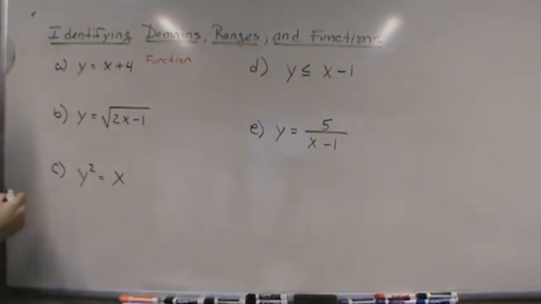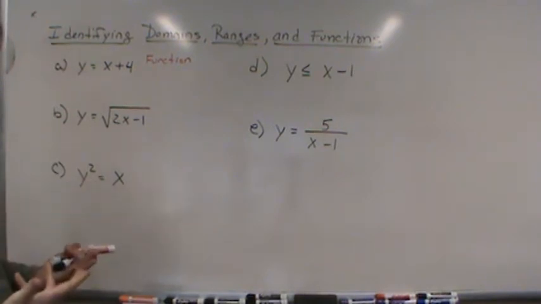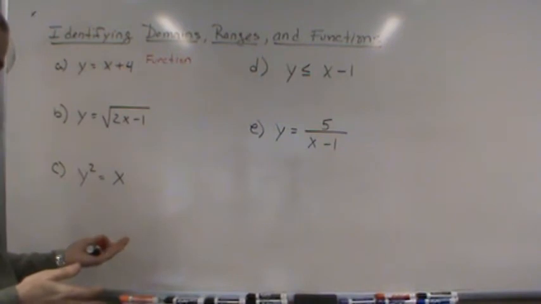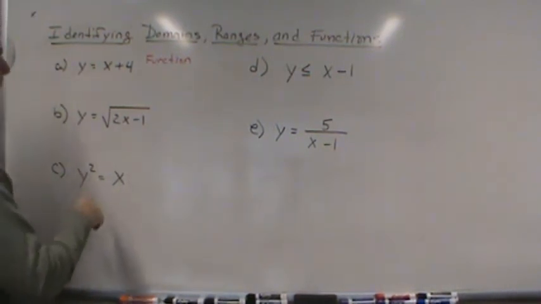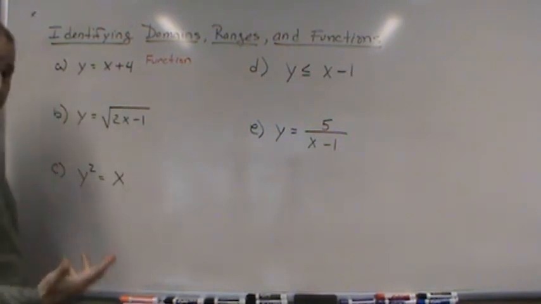Now, the domain. Remember what the domain is: all the real numbers of the independent variable x that will give us a real number in y. In this case, are there any values of x that will not give us a value of y?